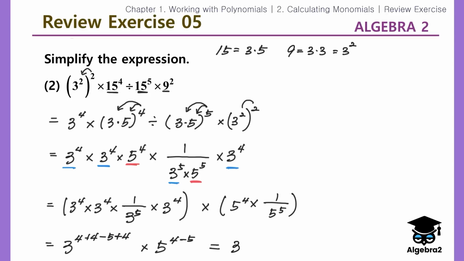So this is 3 to the power of 7 times this one, 4 minus 5, 5 to the negative 1. If we have a negative, that goes to denominator, right? 5 to the 1, which is 5, denominator. And we have 3 to the 7. And now we're done.